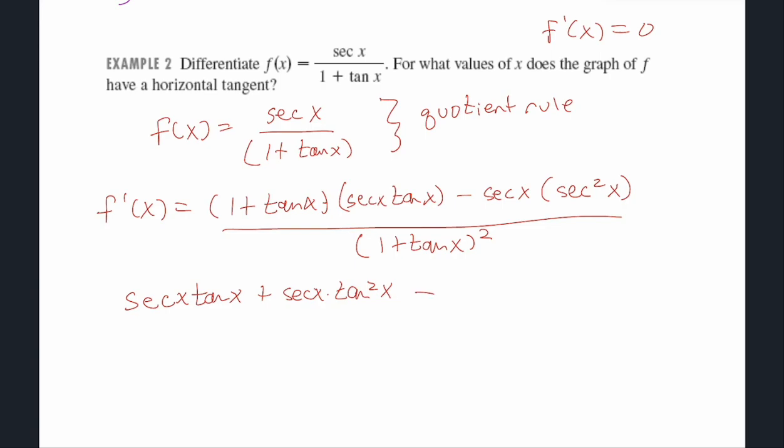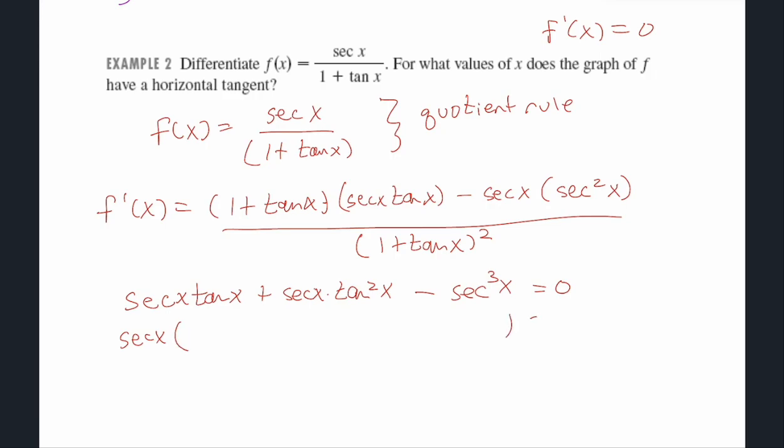So I'm just multiplying it out. So we have secant of x tangent of x plus secant tangent squared minus secant cubed equals 0. Now, each one of those things contains a secant. So algebraically, we're going to remove a secant.